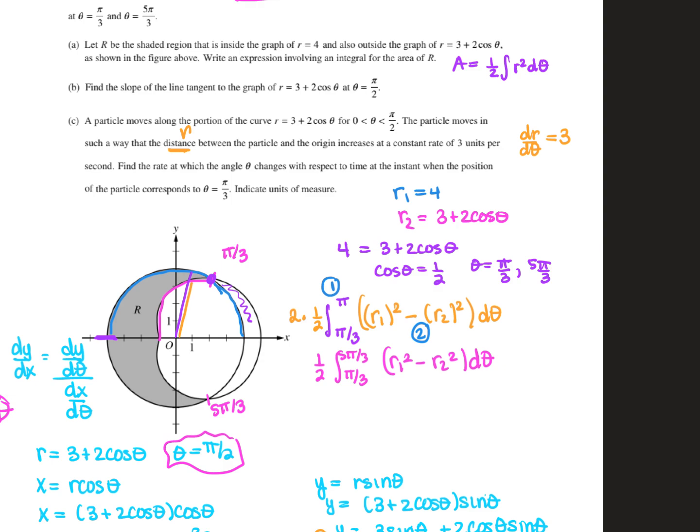Find the rate of change the angle makes with respect to time at the instant the position of the particle is at pi over 3. So we want to find d theta/dt.